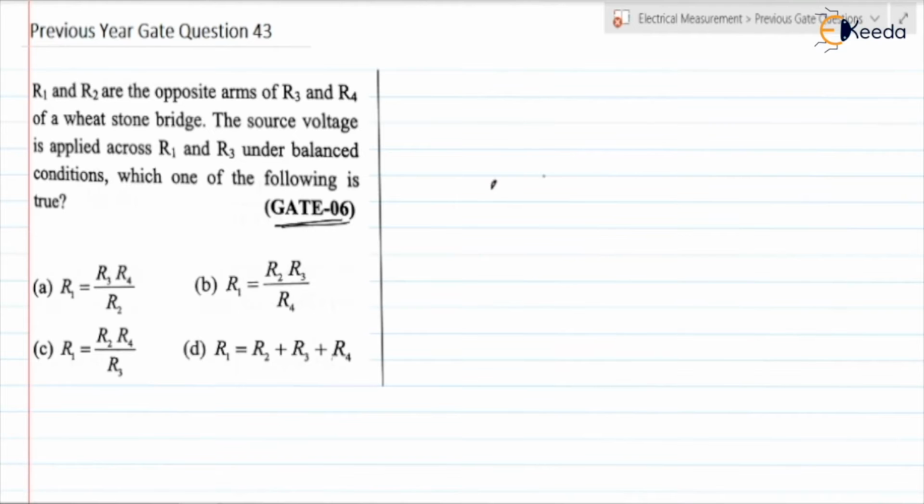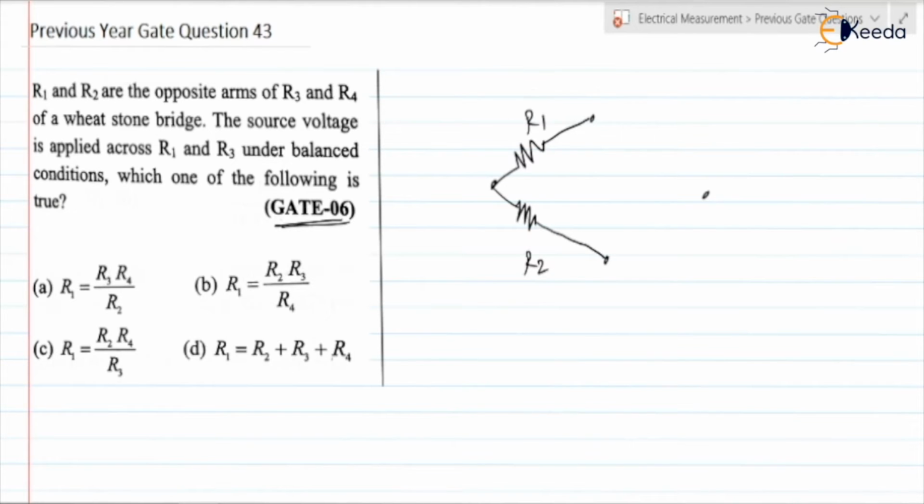So here we are having the four arms of the Wheatstone bridge, right? In the first arm we are having R1 and here it is R2. Right?